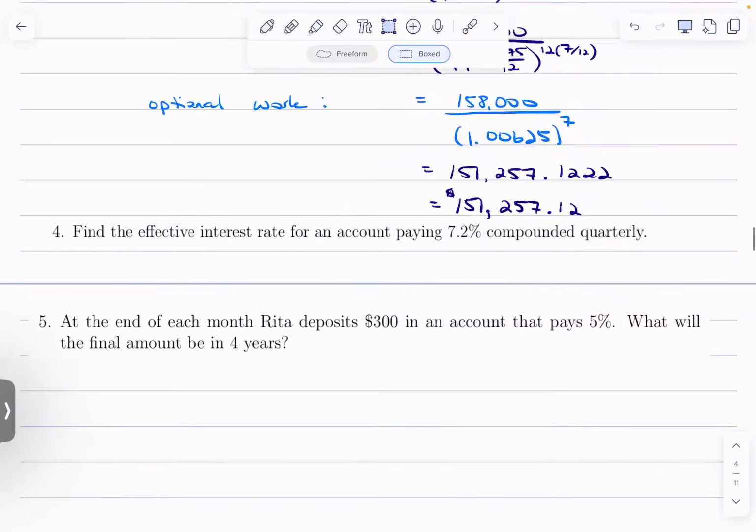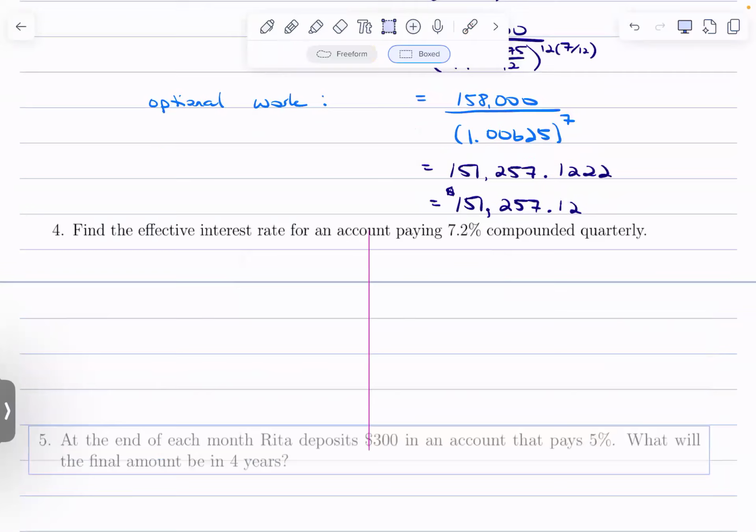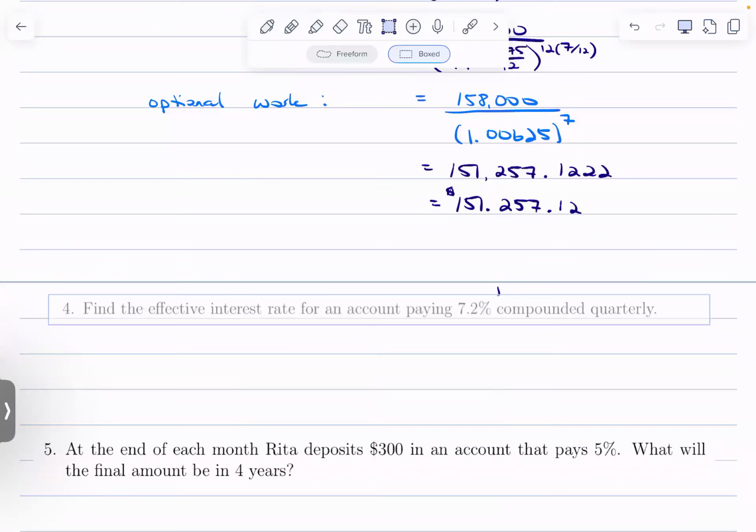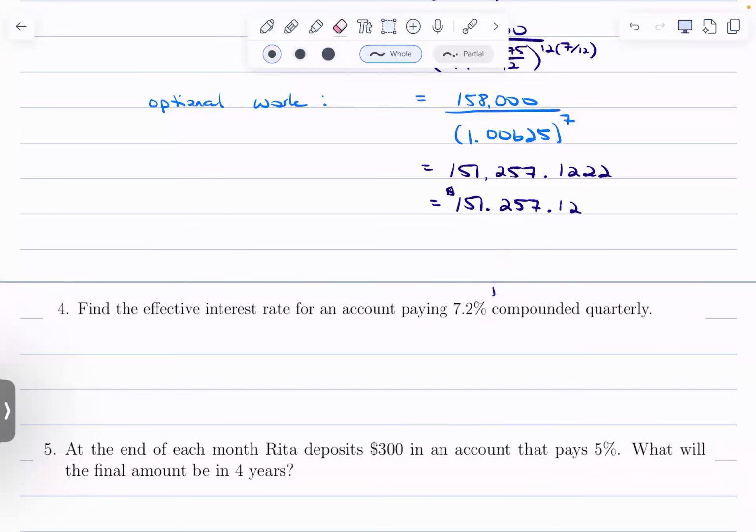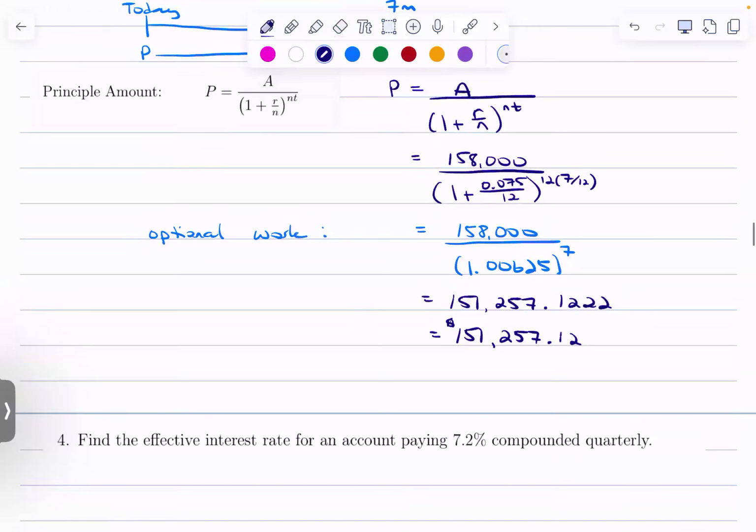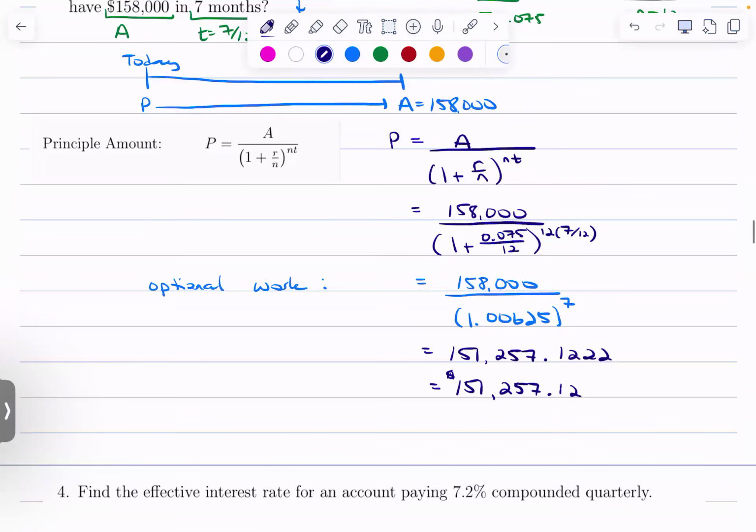I'm going to move this next one down here. Where did this 1 come from? 151. Oh, I see. I'll do this.